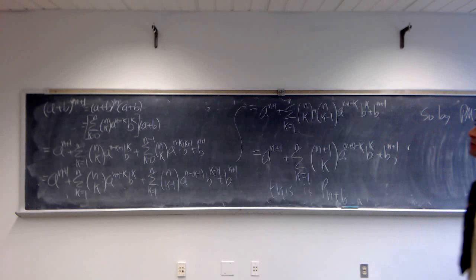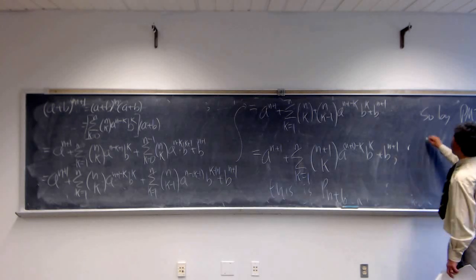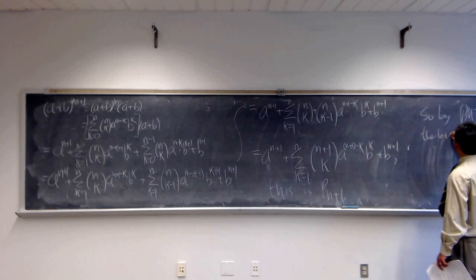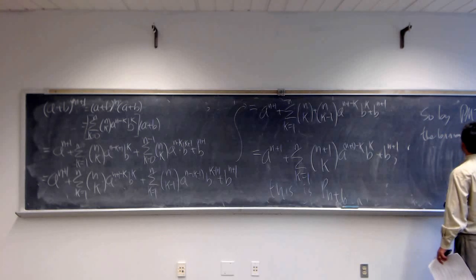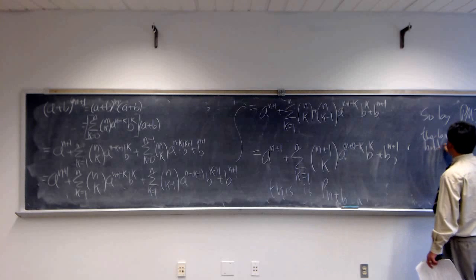We could have started at 0, we started at 1, and then we've assumed that P(n) is true, and we've derived P(n+1) is true, so we've done the inductive case. So by the principle of mathematical induction, the binomial theorem holds.